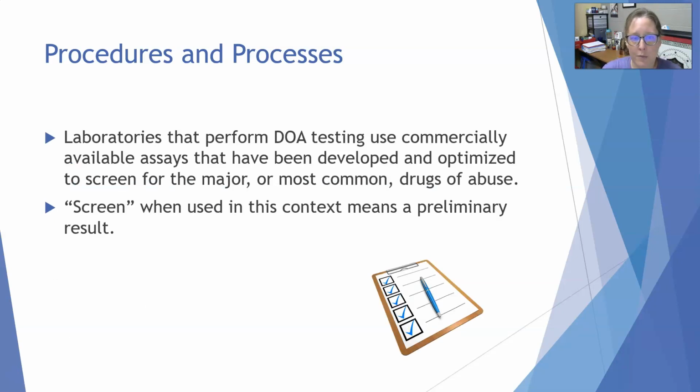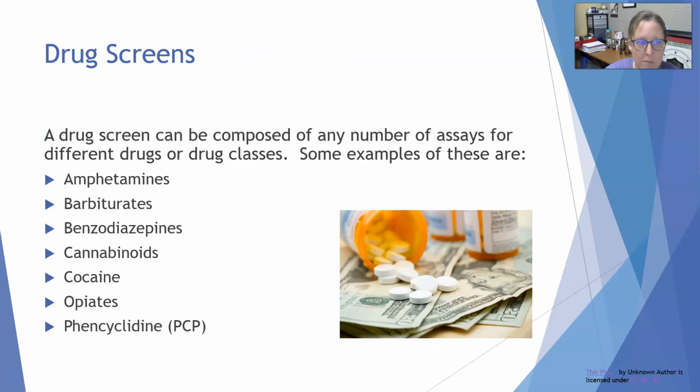So labs that perform drug abuse testing use commercially available assays that have been developed and optimized to screen for major and most common drugs of abuse. The screen, when used in this context, means a preliminary result, so it's presumably positive for opiates, or presumably positive for benzodiazepines or something like that.